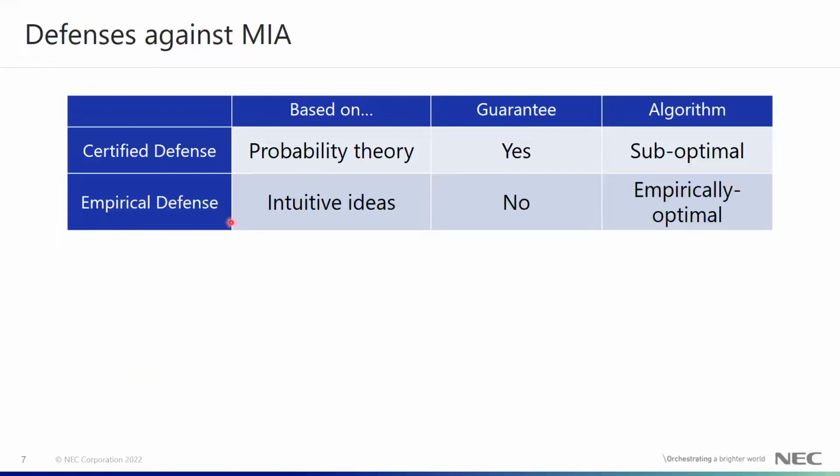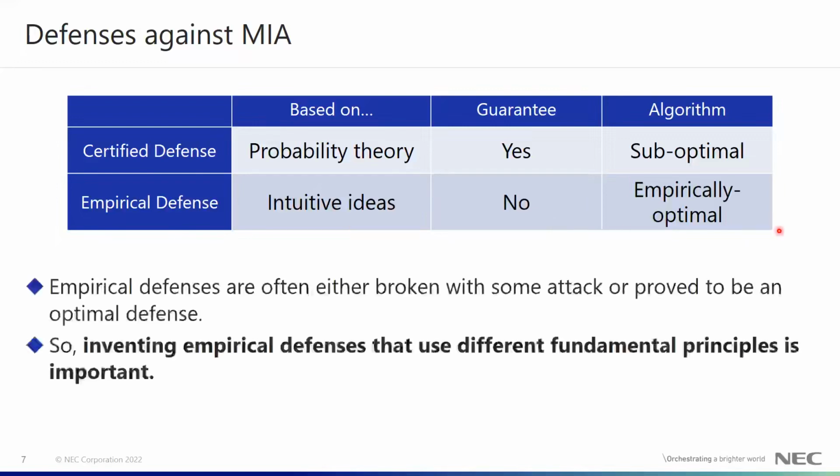Empirical defense: their algorithms have no guarantee, but are not bad if designed properly. Empirical defenses are often either broken with some attack or proved to be an optimal defense in the future. So inventing empirical defenses that use different fundamental principles is important.